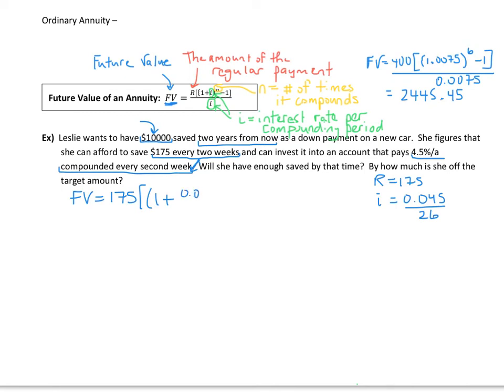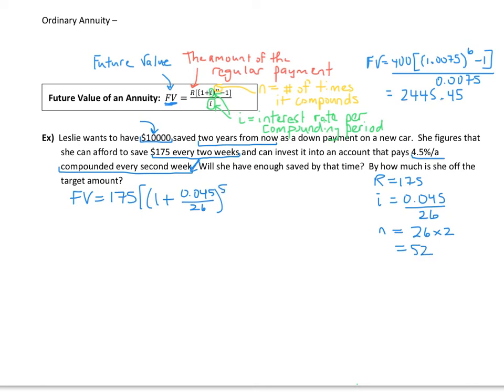So 0.045 divided by 26. I'm going to use all the digits on my calculator. And then N, we have 2 years, 2 years every 2 weeks. So 26 payments times 2 years, which is going to be 52 payments overall.